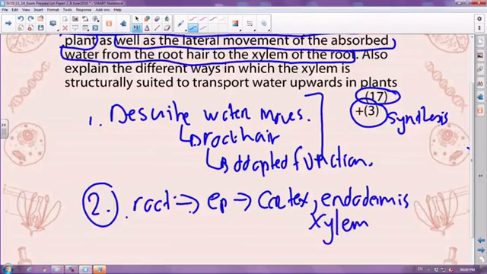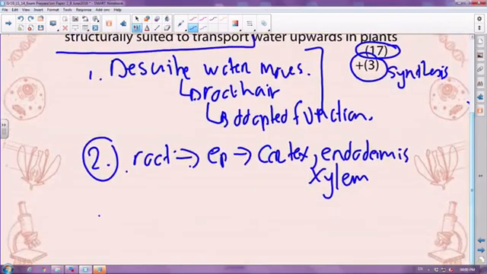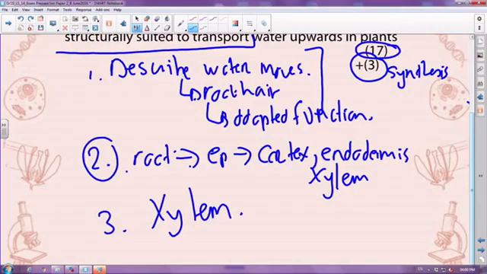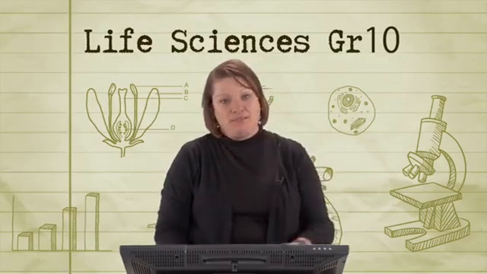Then the last question. Explain the different ways in which the xylem is structurally suited to transport water up the plant. And that is a nice easy one, because why? We did it in a previous question when we explained how it was suitably adapted.